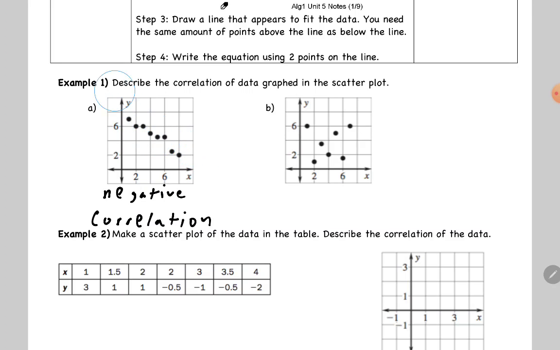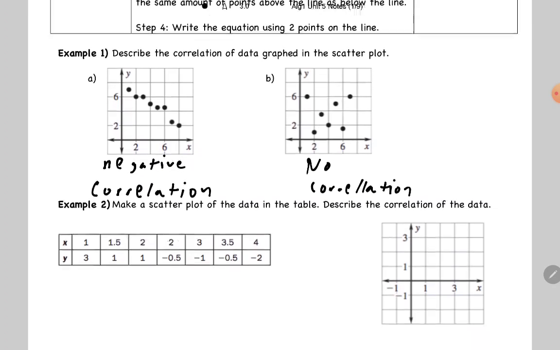Okay. Here, it kind of looks like it's everywhere. Like you could say it's increasing, but there's a dot here, a few dots down here. You can't really tell. So this is no correlation.